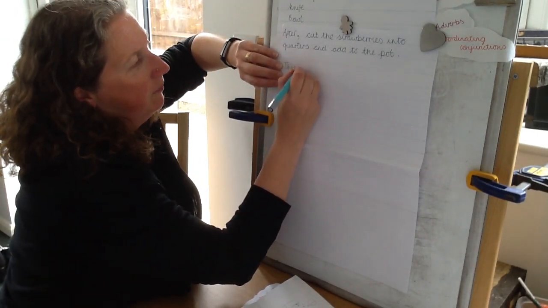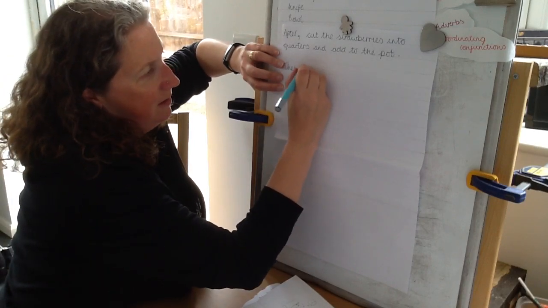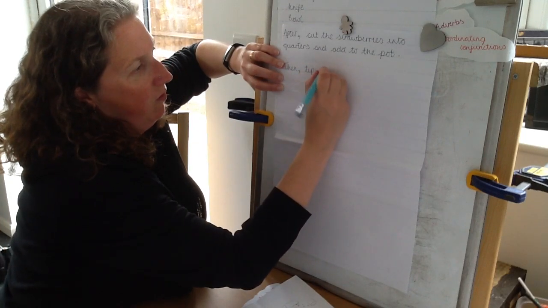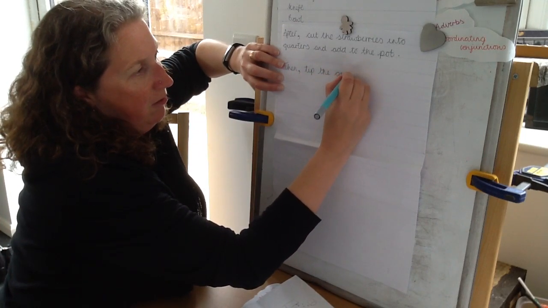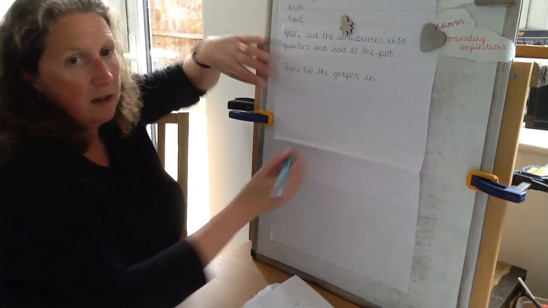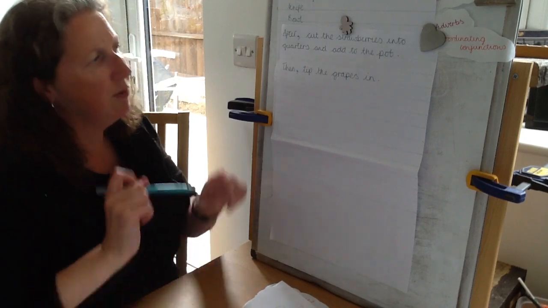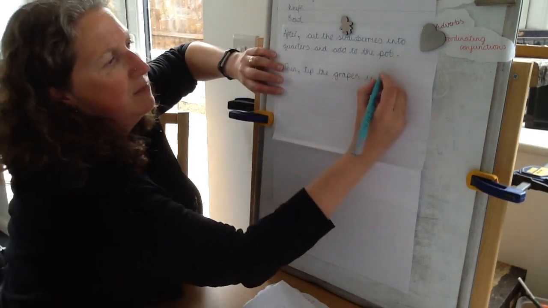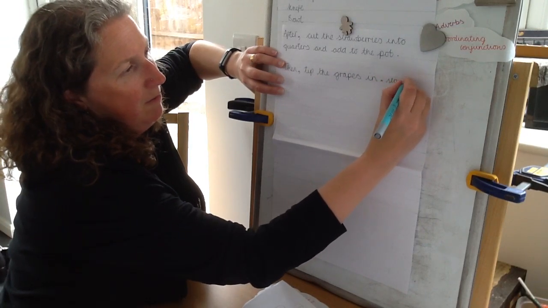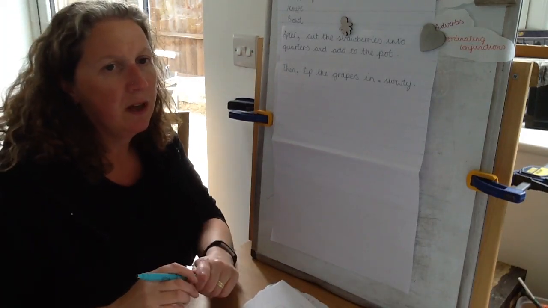Then, what was it? Oh yes, tip the grapes in. Okay, so I've tipped the grapes in. Oh, I could make that a bit better. Tip the grapes in. I'm going to cross that out and I'm going to write slowly, because I don't want them spilling all over.